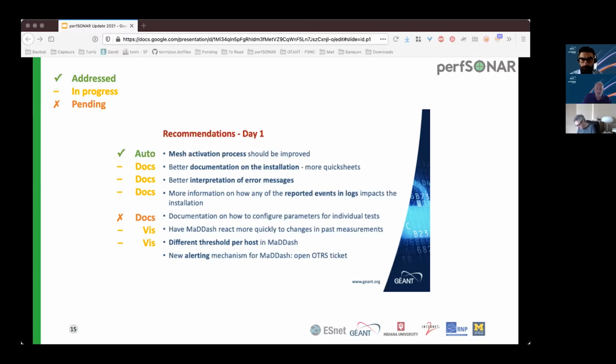With the change to MATDASH and the visualization, we hope we can address some of the recommendations that you formulated during the workshop too. And for the new alerting with OTRS, we didn't work on that because MATDASH is going to change, but hopefully this is something we could work on in the future.